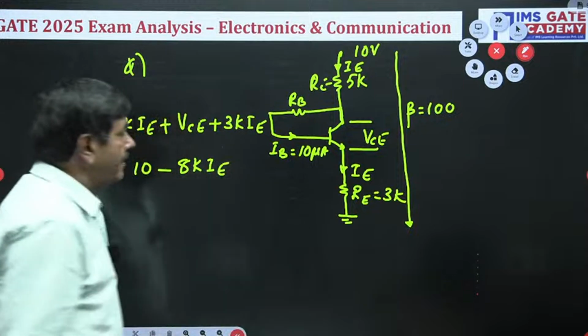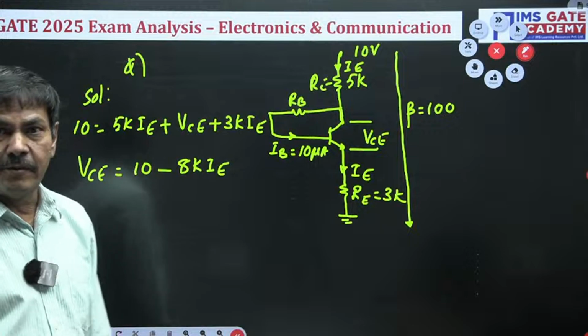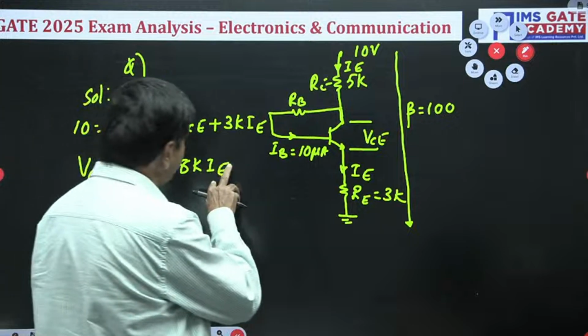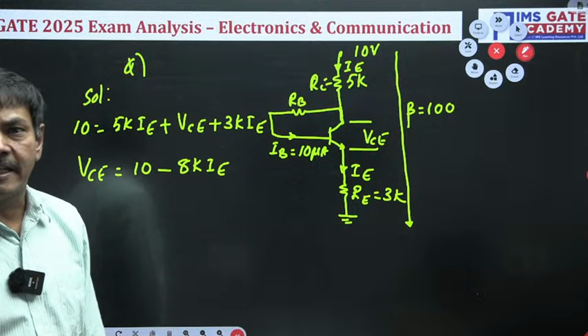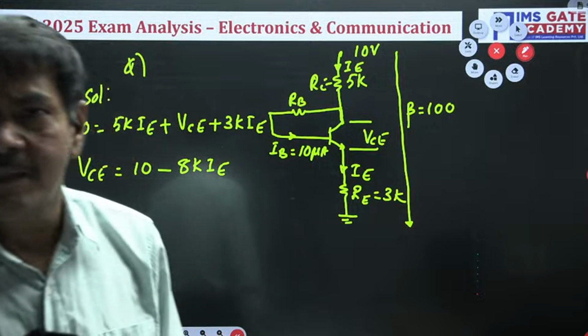The emitter current is unknown here, but we can get IE in the form of IB. That means IE equals (1 plus beta) times IB, you know very well. Yes, VCE 1.92, very good.